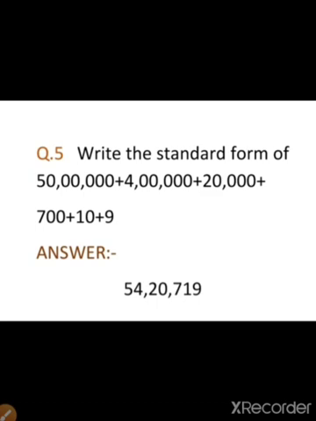Here expanded form is given and you have to write the standard form. Means after addition what do you get? You get 54 lakh 20,719. Okay students. So the standard form of this addition is 54 lakh 20,719.